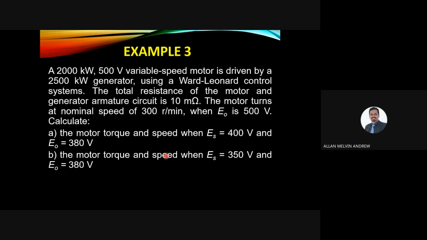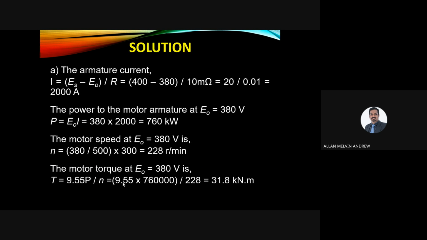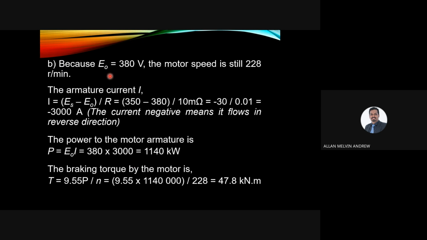Okay, so for the second case, they give ES 350 and E0 is 380. Since E0 is 380 for this case, the motor speed is still 228 revolution per minute. The only thing that will change is the armature current, because ES now is 350.